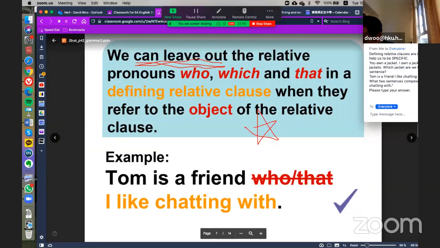Come on, boys and girls. Let's see. Just write out two sentences. Tom is a friend I like chatting with. It's one sentence, two clauses. Now, can you write the two sentences?